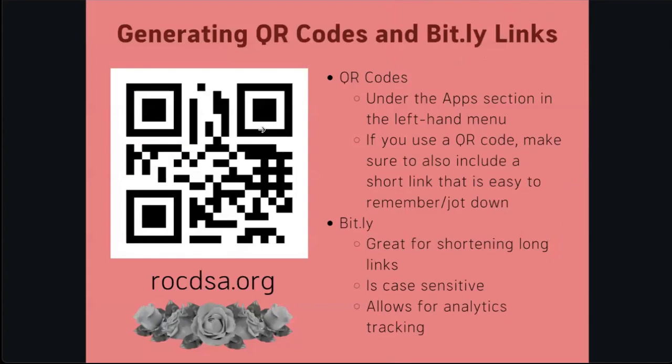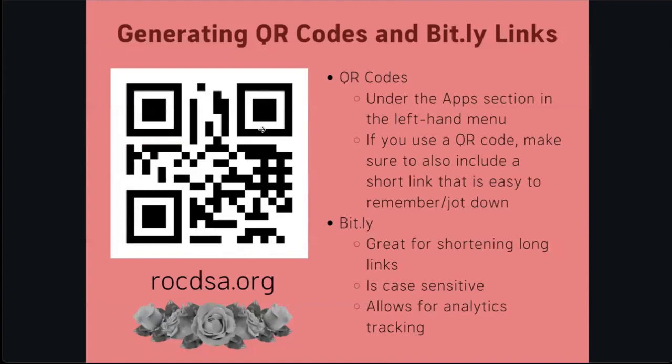Okay, so Canva last year added a QR code generator, which was awesome. It's under the app section, which is in that left-hand menu that we keep referring to. Basically in Canva, you've got your left-hand menu and you've got your top menu, and that's where most of your stuff is going to live. If you use a QR code, make sure to also include a short link that is easy to remember or jot down.